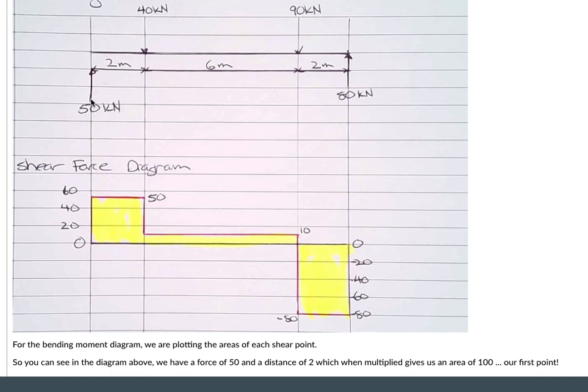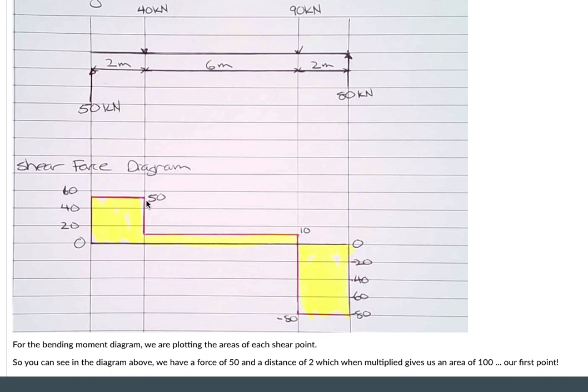Here, my first point is 50 kilonewtons. So as I plot the points, I've come up 50, straight up 50. That is representing where the roller is on the original diagram. You can see here now the distance comes in 2 meters, and then we've got a force coming down of 40. So straight line across, no worries, just bring that straight across.